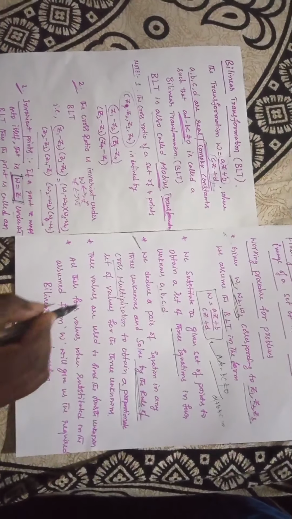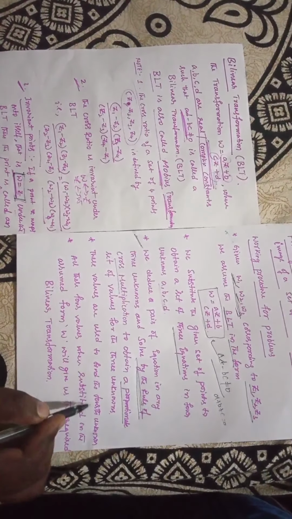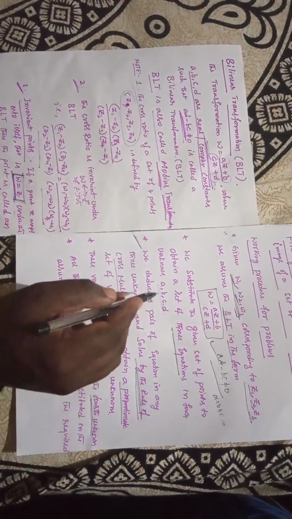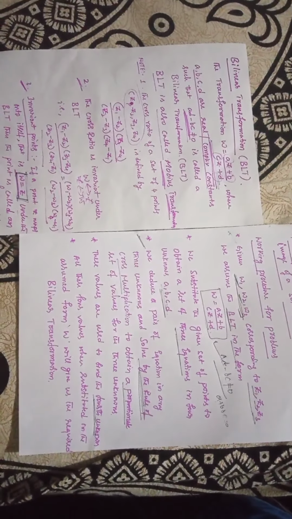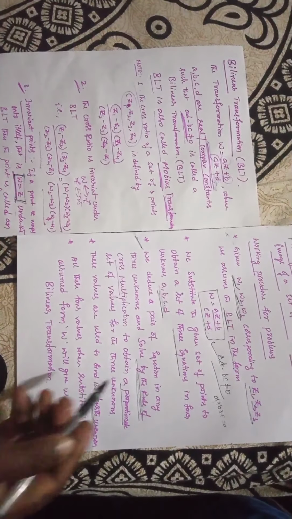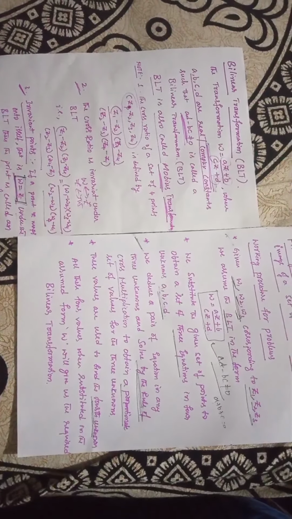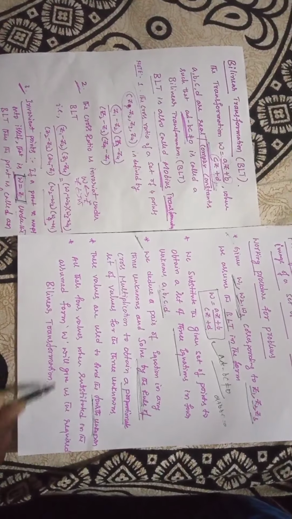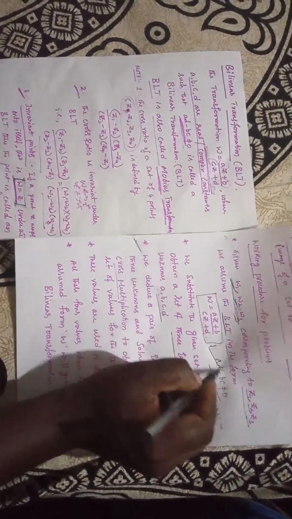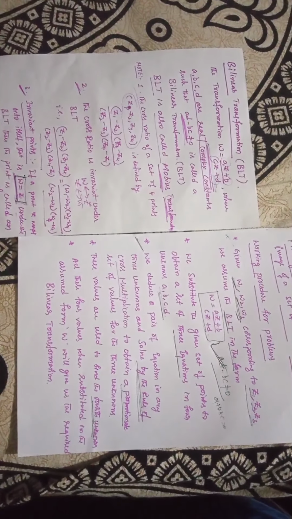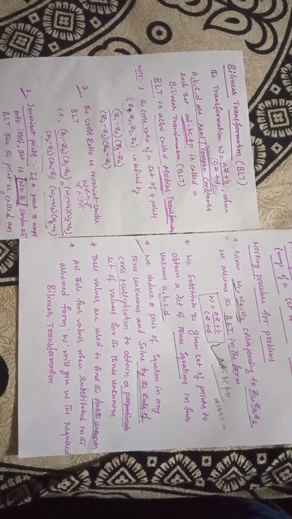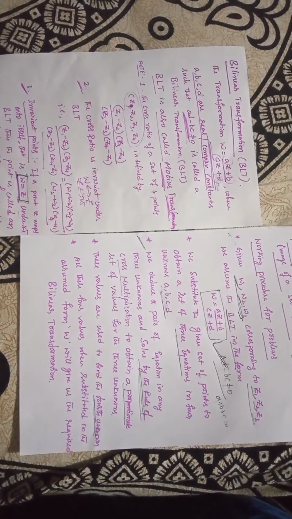Finding these values gives us the unknowns a b c d. Substitute those a b c d values in the standard form w equal to az plus b by cz plus d. That is our required bilinear transformation.